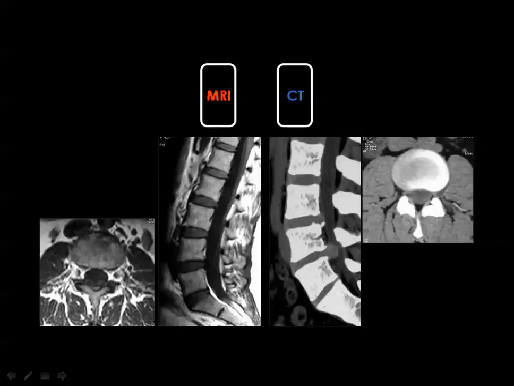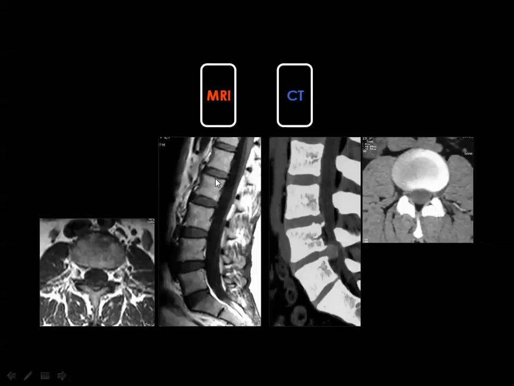Then many can easily discriminate between the MRI images and the sagittal reformatted CT images. Of course, the end plate of the vertebra in the CT is dense or very bright, while the end plate of the vertebra in any pulse sequence of MRI should be black because of the absence of mobile protons.